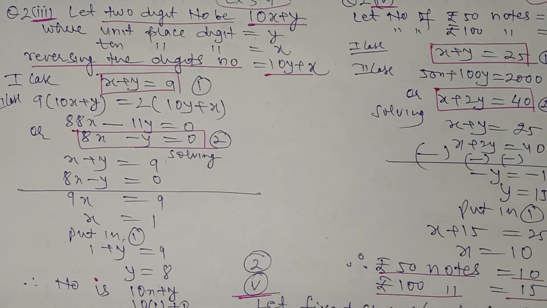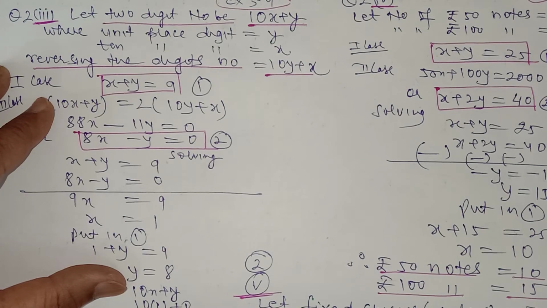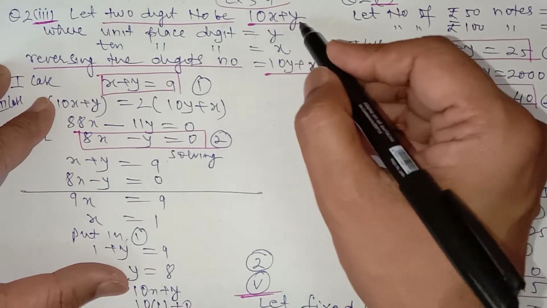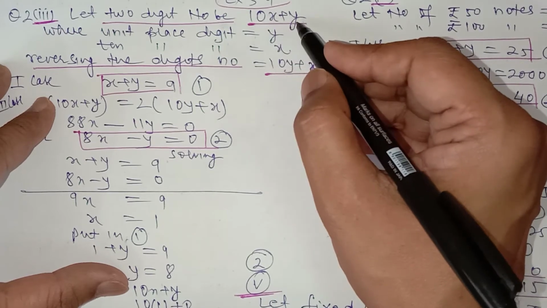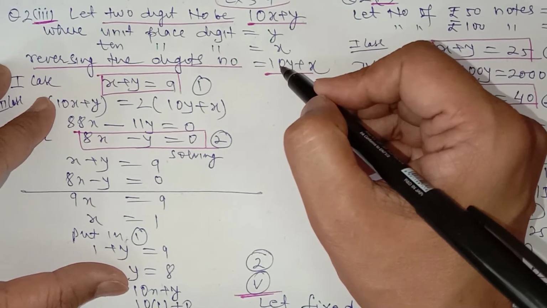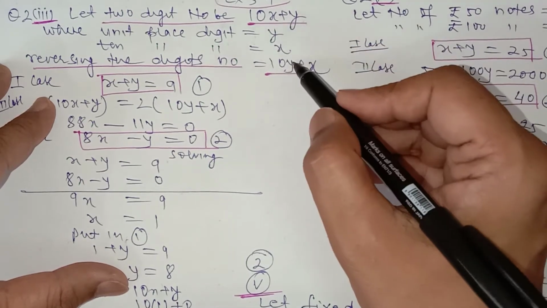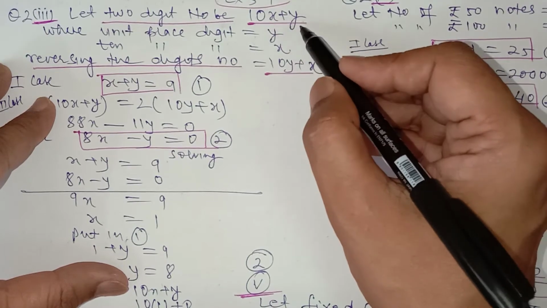It means the unit place digit is y and the tens place digit is x. So you multiply the tens place digit by 10 and add the unit place. Now by reversing the order of the digits, the number will become 10y plus x. Means the unit place becomes tens place and tens place becomes unit place.